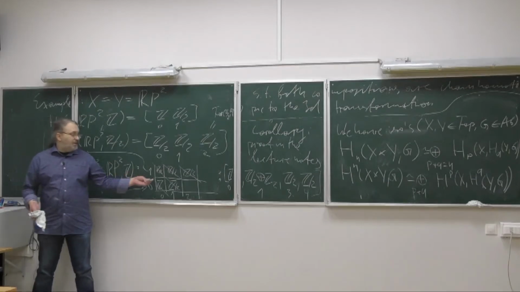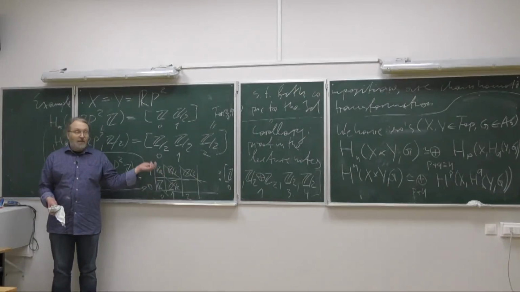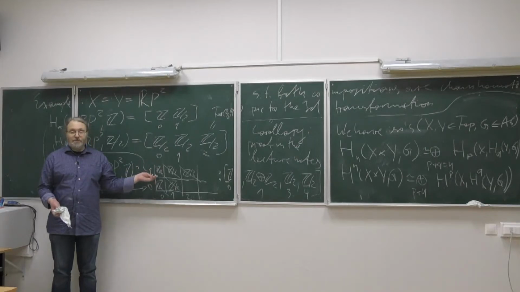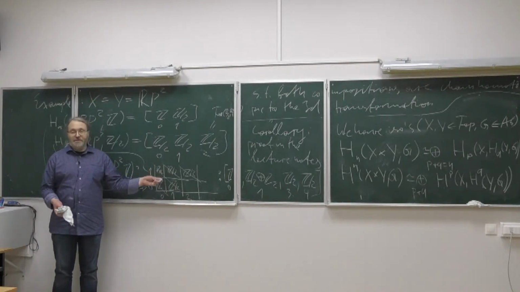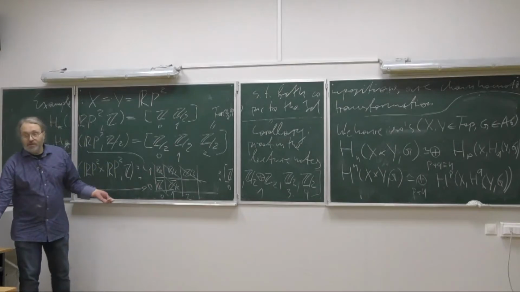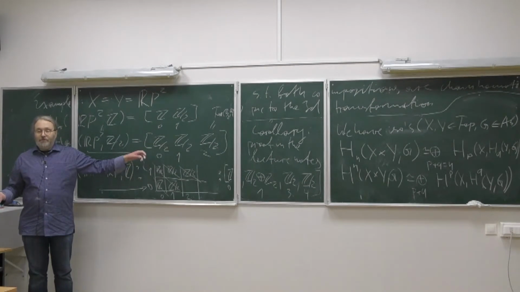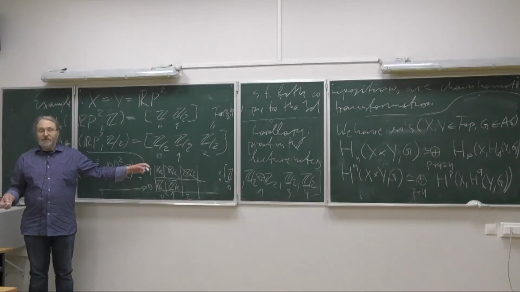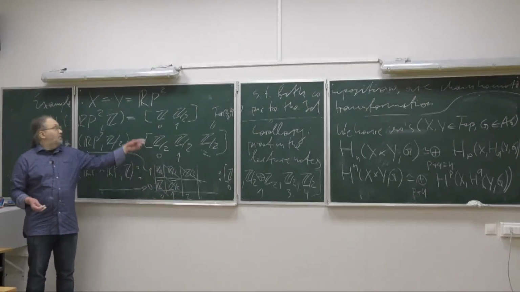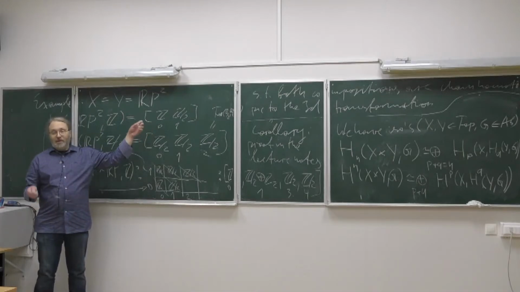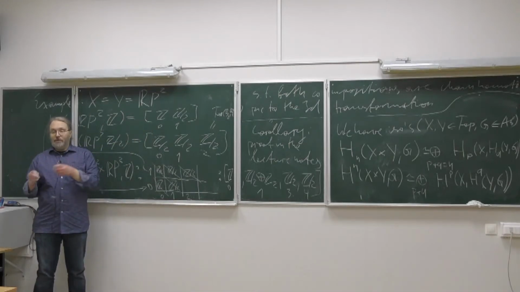Now, the reason I've written the groups as a table like this is that this is the second page of the Leray spectral sequence of the projection RP2 cross RP2 to RP2.